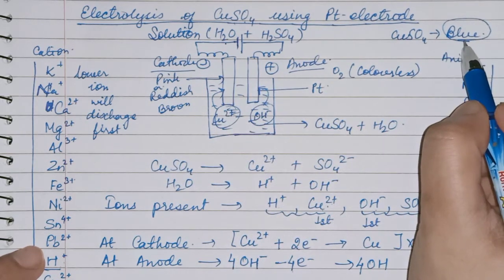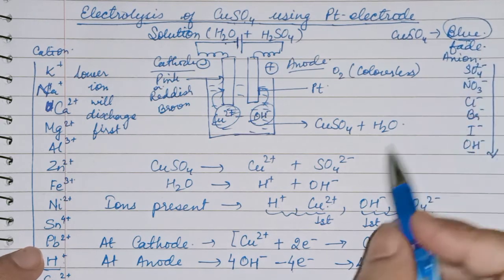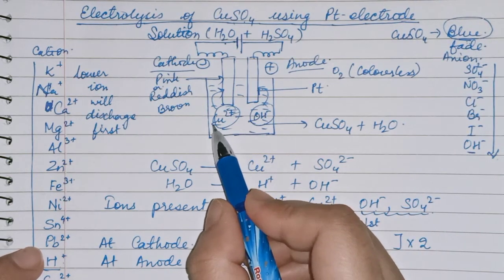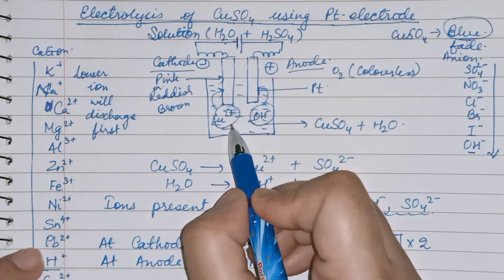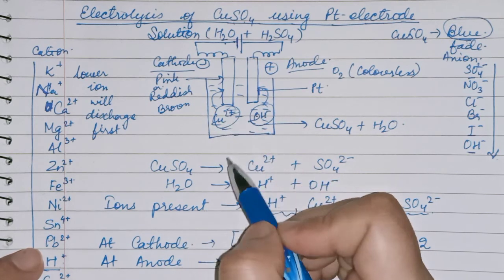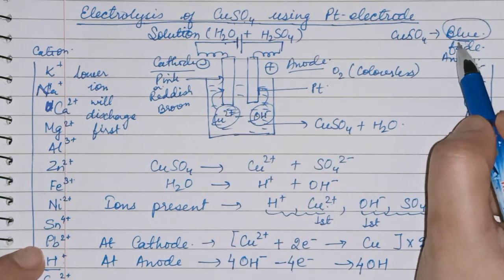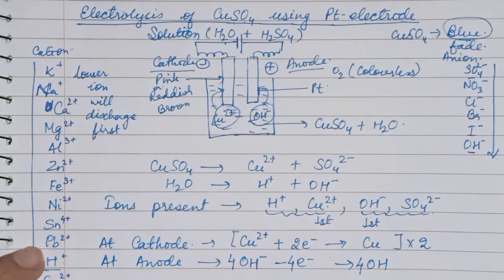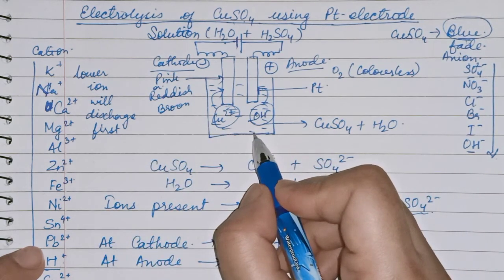So after some time, when this deposition is getting more and more, you will see that this blue color fades down. Okay, it fades. Why is it fading? Because Cu2 plus ion is deposited over here. So the color of copper sulphate is due to Cu2 plus ion only. And when Cu2 plus is not there, then the blue color will fade. So after some time you will see that the blue color of the solution fades down.